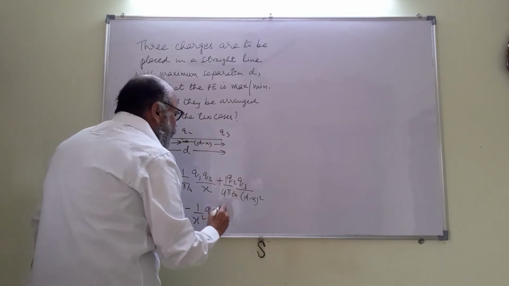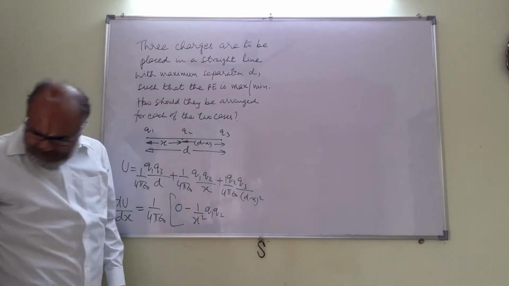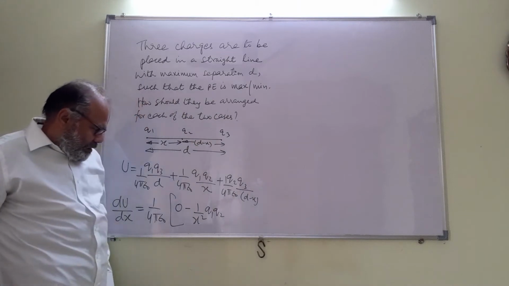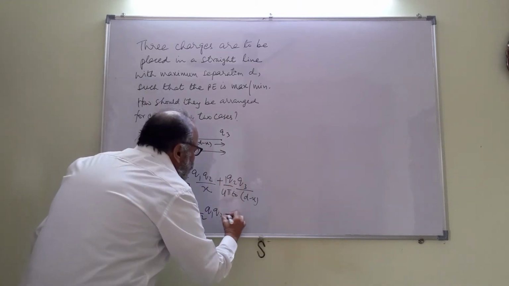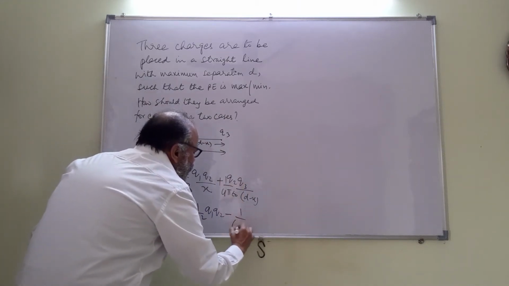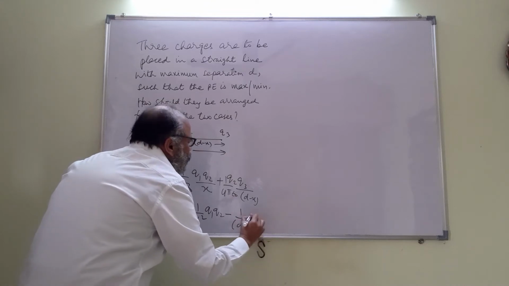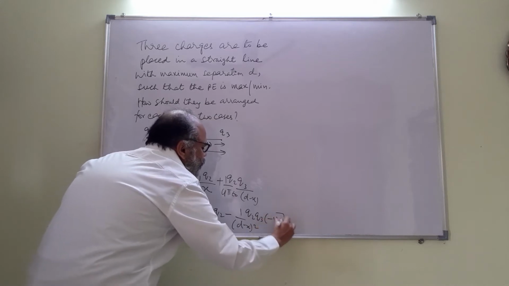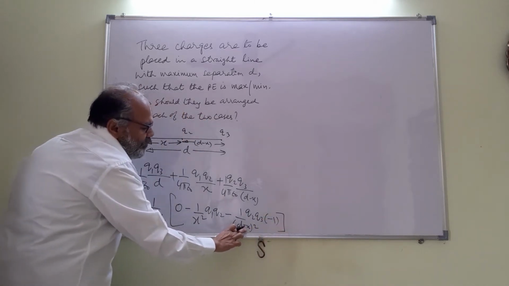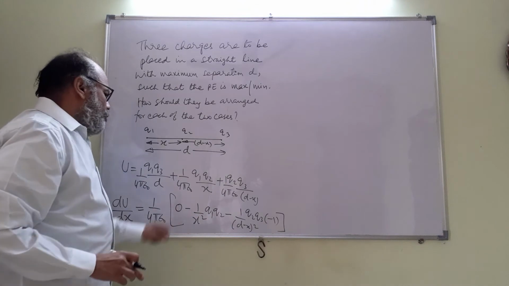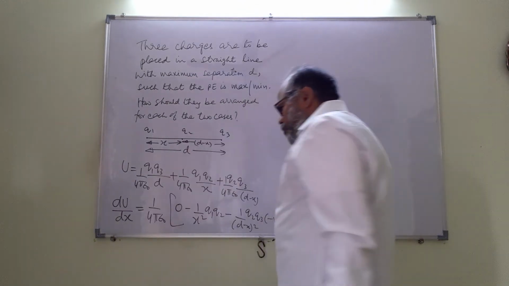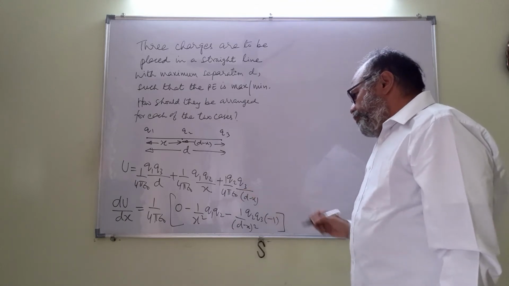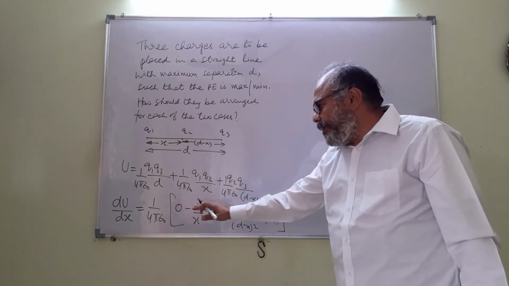Here you will have d minus x, so this would be minus 1 by d minus x the whole square Q2 Q3 into minus 1, yes, derivative of minus x is minus 1. That is dU by dx. Let us equate this to 0. We will later find out the double derivative of this.